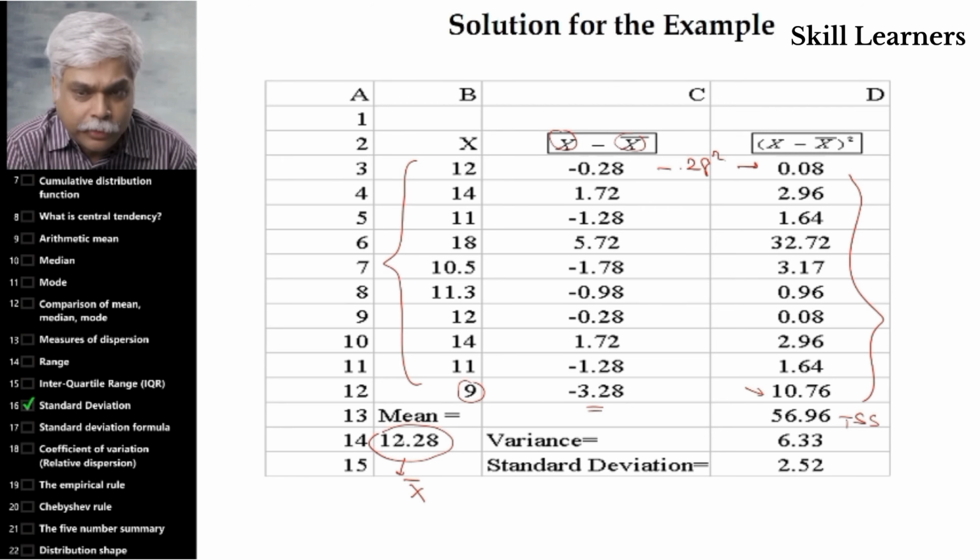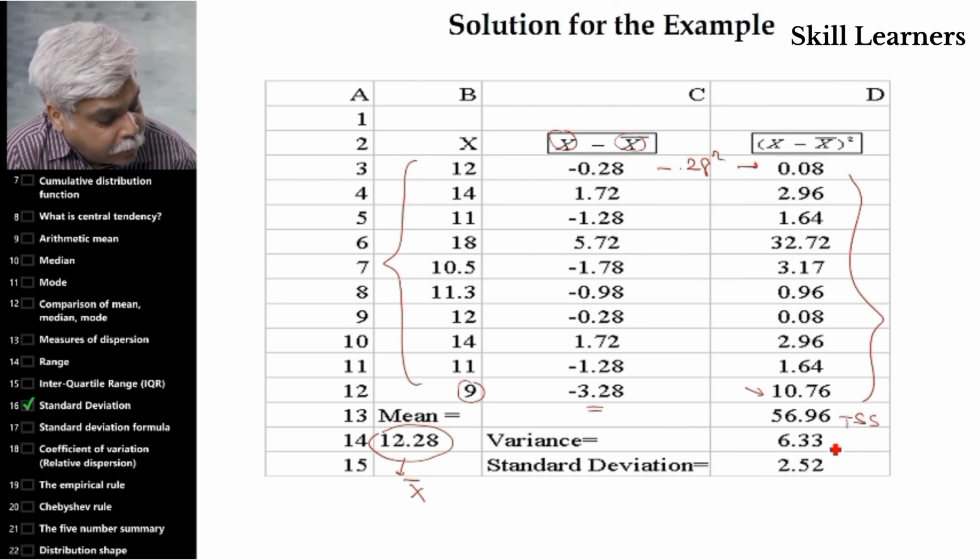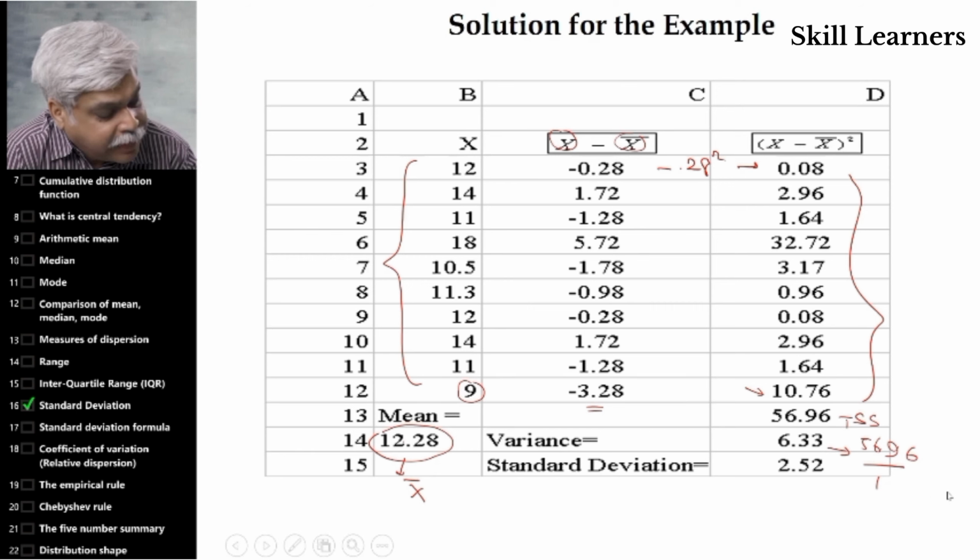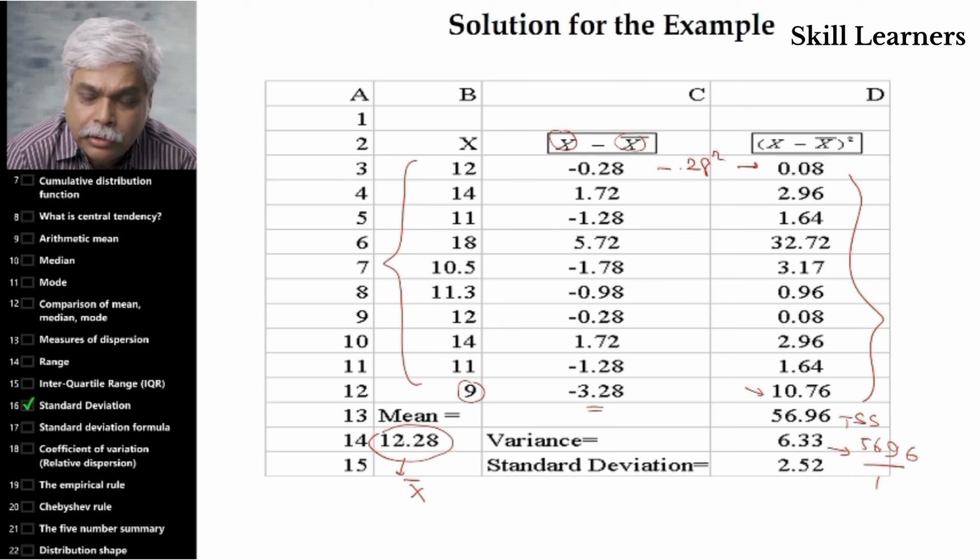The variance is 6.33, which is 56.96 divided by the number of observations that I have, except that I do something a little tricky here. I should divide by 10 and end up with 5.696.